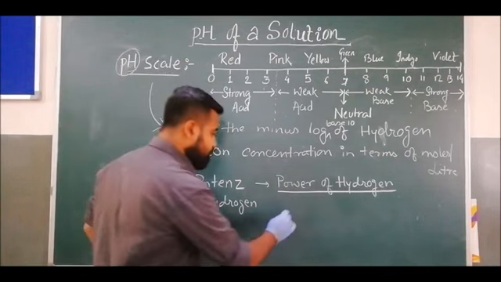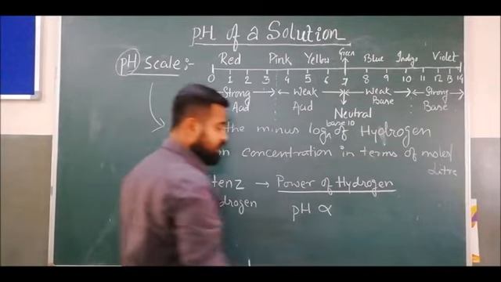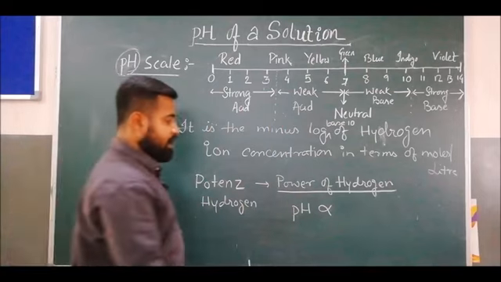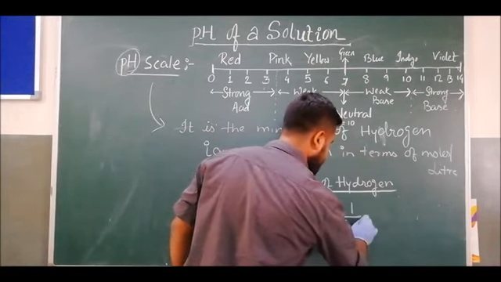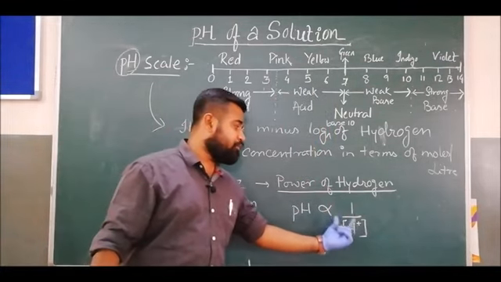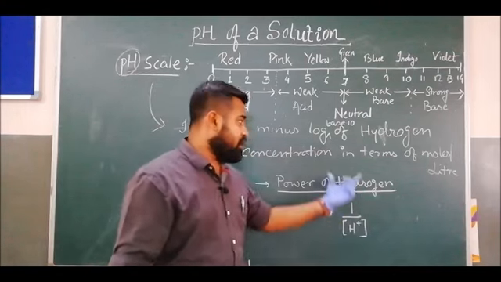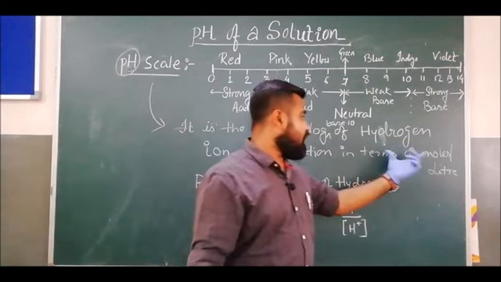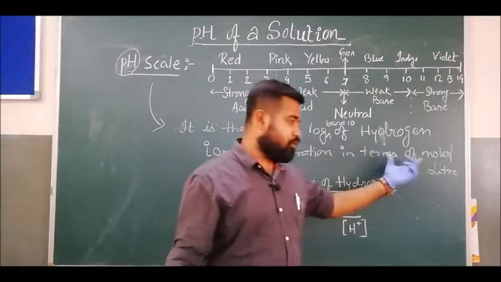So remember, pH is always inversely proportional to hydrogen ion concentration. The pH is always inversely proportional to the concentration of hydrogen ion in terms of moles per liter.